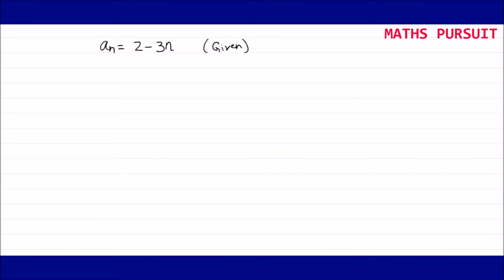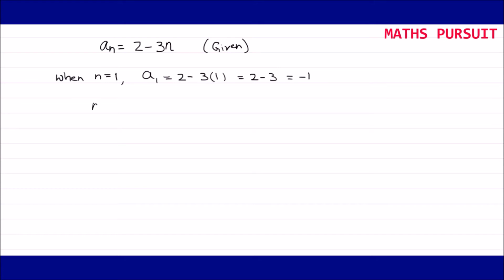Now when n is equal to 1, you will see why I am trying to find all these things. When n = 1, a1 = 2 - 3 into 1, that is 2 - 3, which is -1.